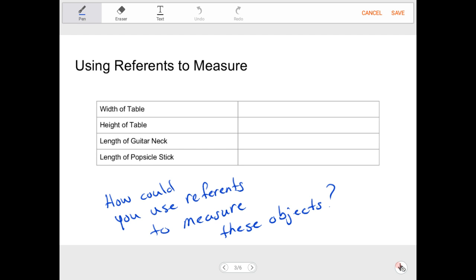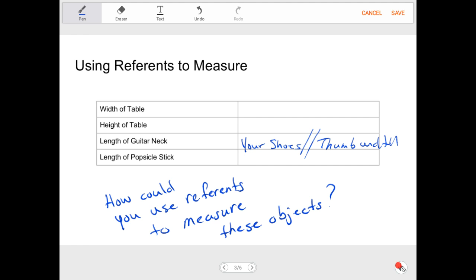For example, for the length of a guitar neck, let's say you chose your shoe. Well, that's going into feet. Is that the most appropriate one? Maybe not. Maybe you'd want to use your thumb width. The point I'm trying to make here is it's all about using the right one for the job.